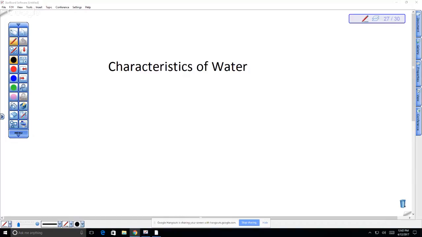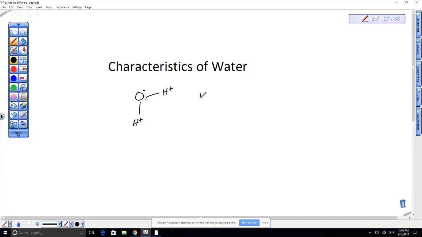Okay, so is the water molecule an example of a polar molecule or a non-polar molecule? Does it have differences in charge? Yes, right? So remember that we looked at the water molecule and that the oxygen is slightly negative because it has more protons, and then the hydrogens are slightly positive.